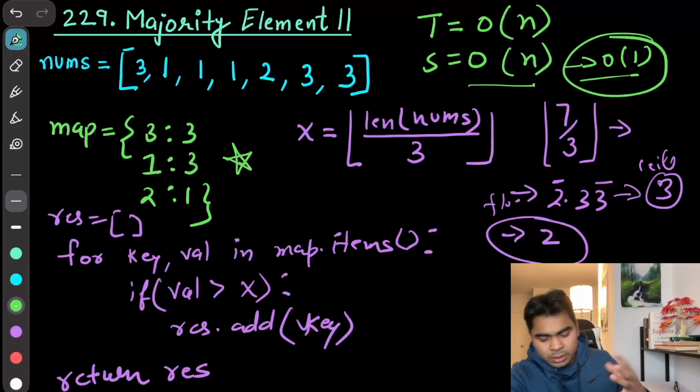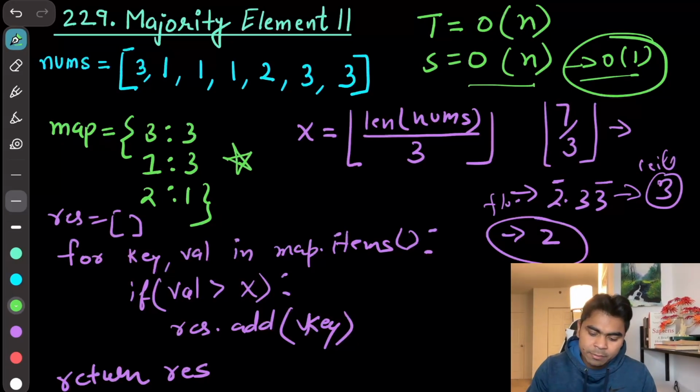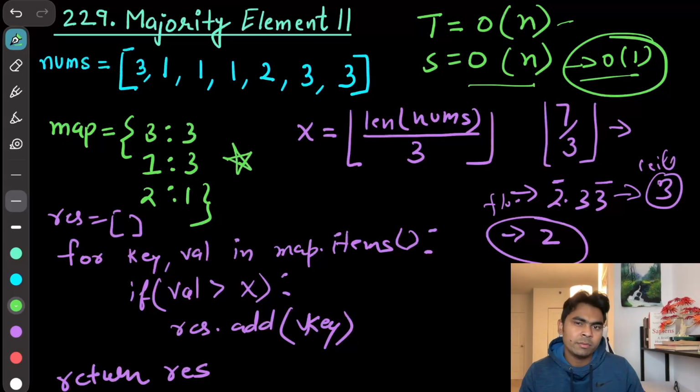Another solution is to sort the elements, and then loop over the elements and count how many elements occur more than 1/3 of the times. That would take our time complexity to big O of n log n, which is more than what we have right now. However, there is another solution, which is Boyer-Moore.